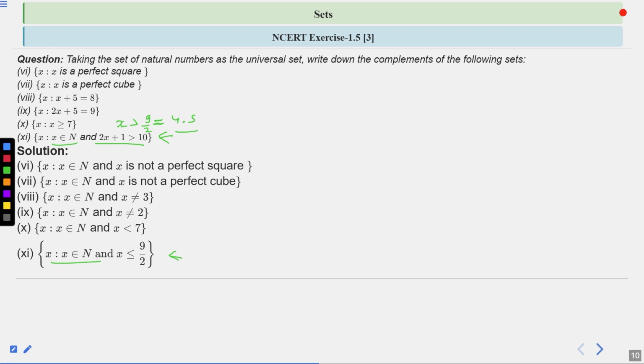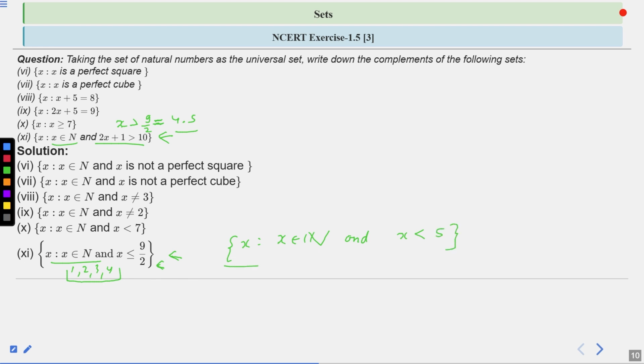So, if you observe this complement carefully, what elements are we collecting? We have 1, 2, 3, and 4. Another set builder form for this is very simple: the collection of all x belonging to the set of naturals and satisfying x strictly less than 5.